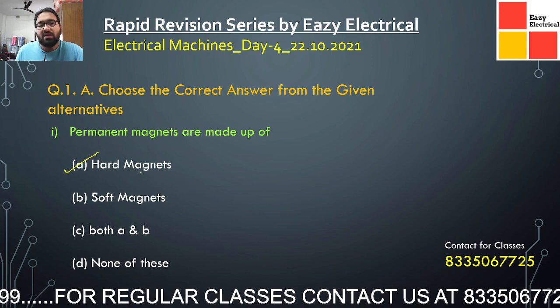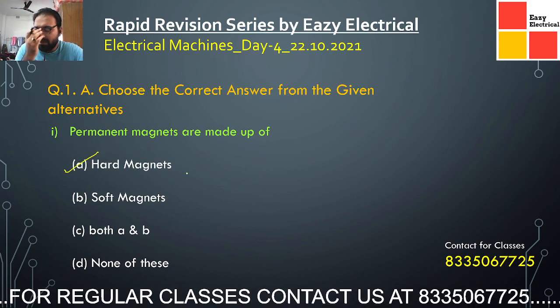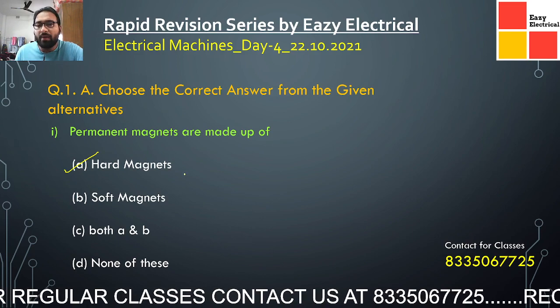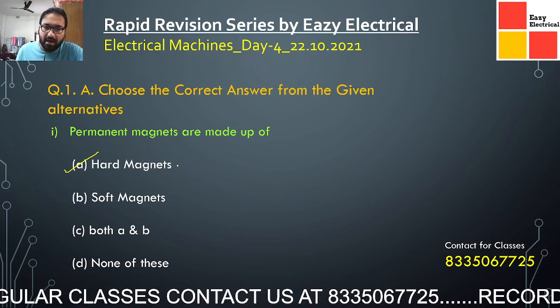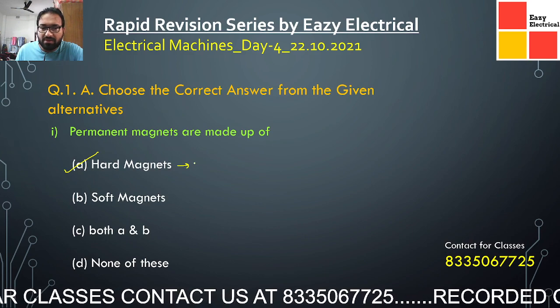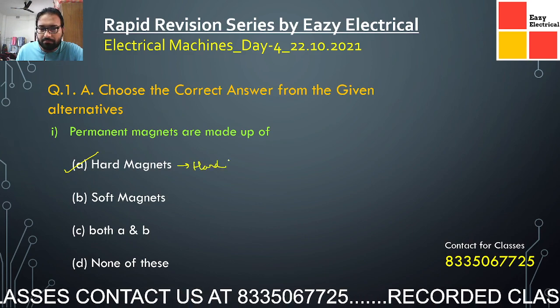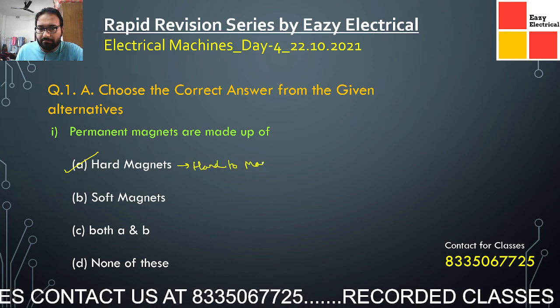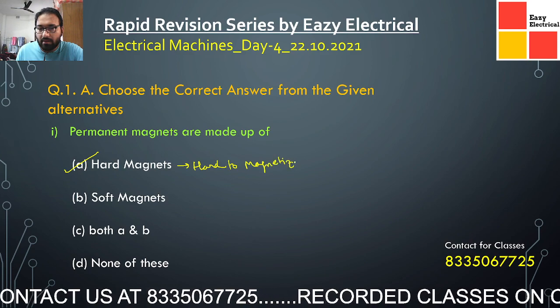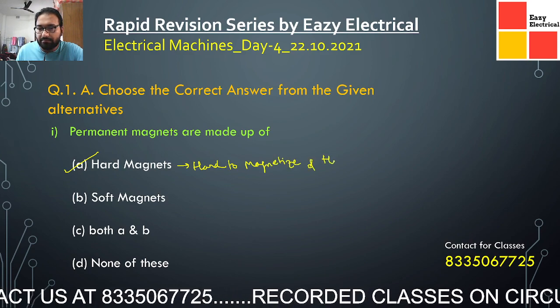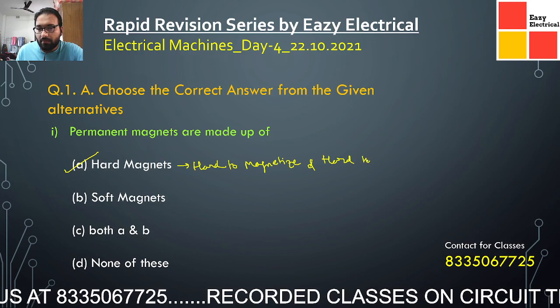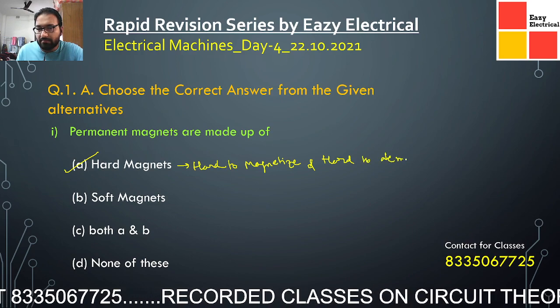Why? Because hard magnets are defined as hard to magnetize and hard to demagnetize.